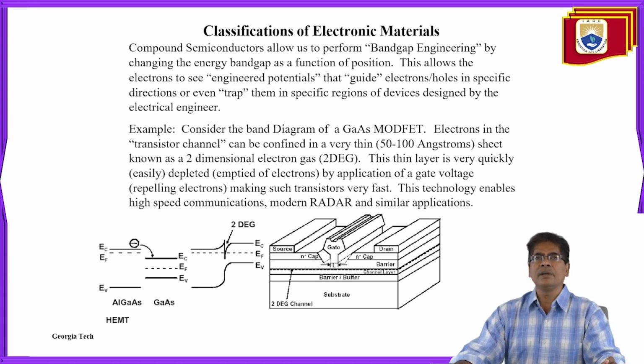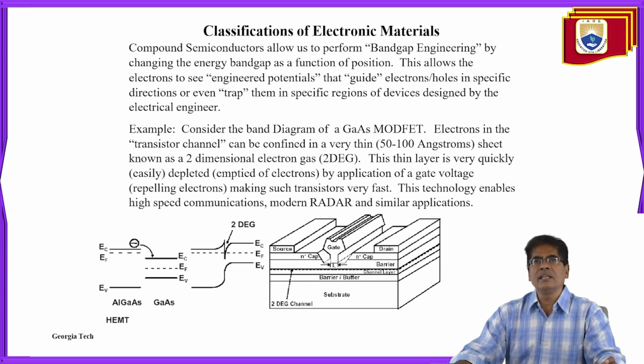This thin layer is very quickly or easily depleted, emptied of electrons by application of gate voltage. That is, repelling electrons makes such transistors very fast. So this technology enables high-speed communications, modern radar, radio detection and ranging, and similar applications. Right.